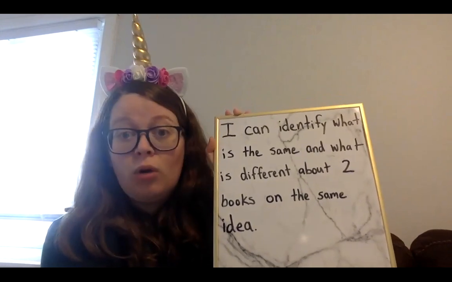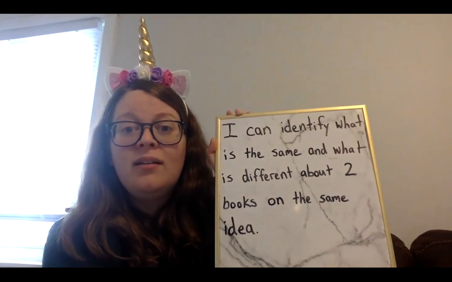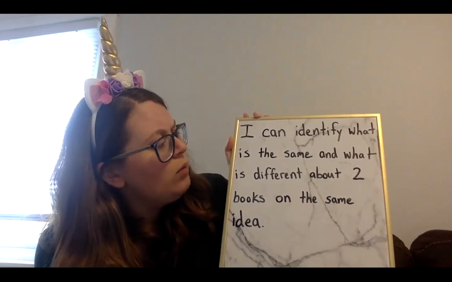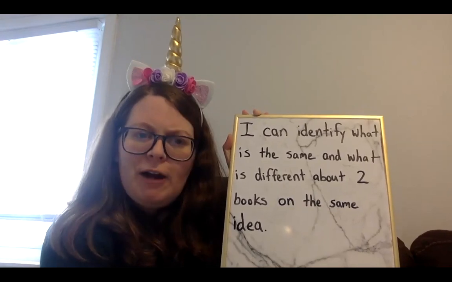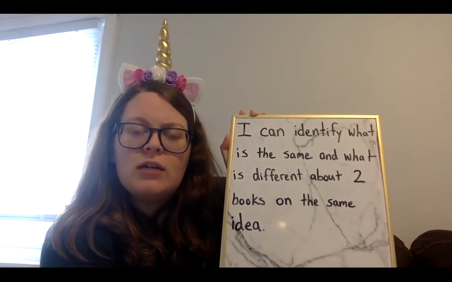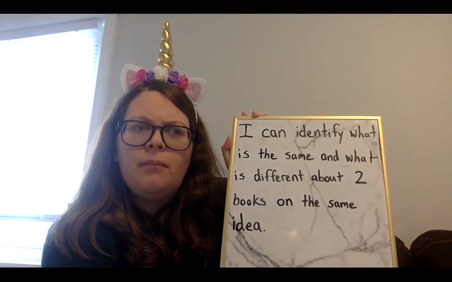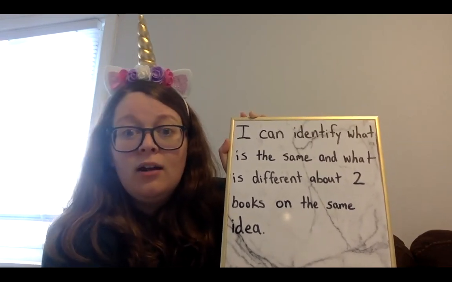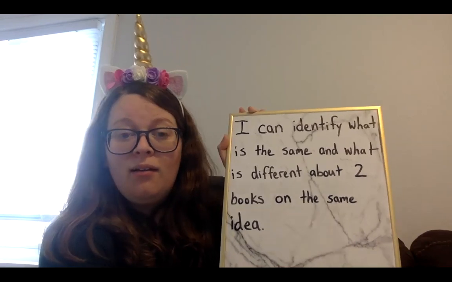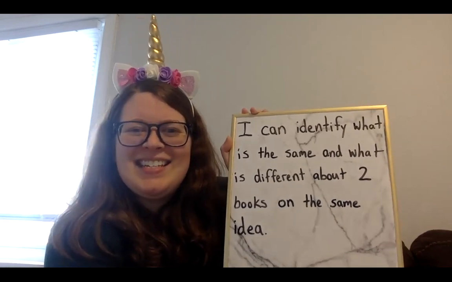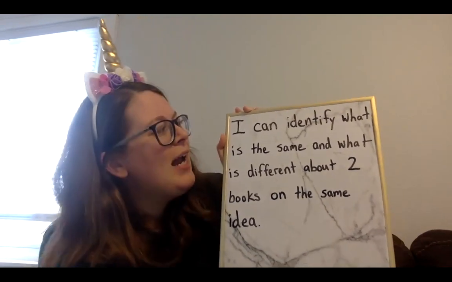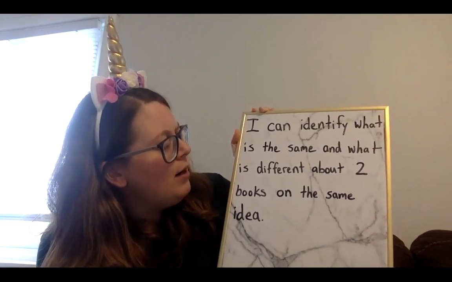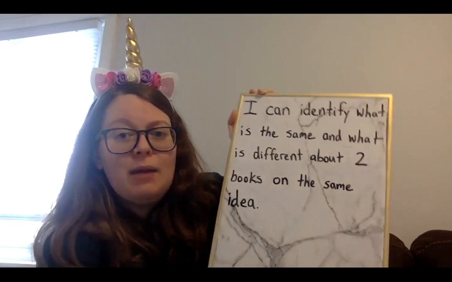Can you tell it to a grown-up? I also want you to tell a grown-up, what was something that was different about our stories? Can you remember one? Go tell a grown-up. Nice job. I can identify what is the same and what is different about two books on the same idea.